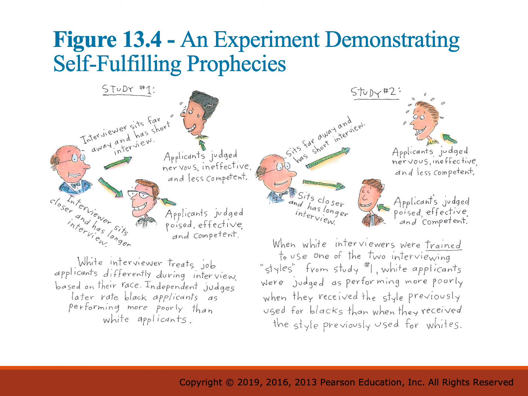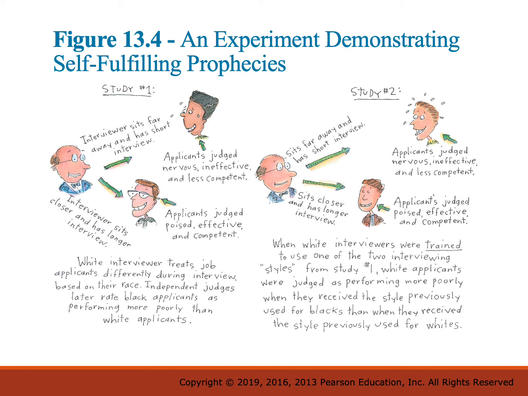Okay, so here's a fun little picture just to help you think through this. In the first study, we see the interviewer sits closer and has a longer interview with the white applicants, judges them to be effective and competent, but he sits further away and has a shorter interview with the African American candidate and judges the applicant as more nervous, ineffective, and less competent.